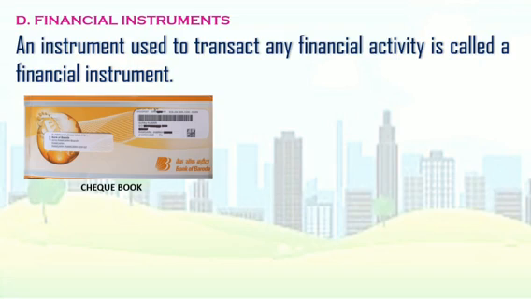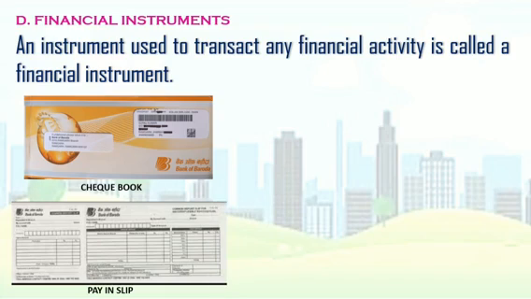It is used to pay amounts of big sums to persons one owes money to. Secondly, the pay-in slip. It is a book that contains deposit slips used to deposit money in the account of the account holder. It also keeps a record of the money deposited through a counterfoil.